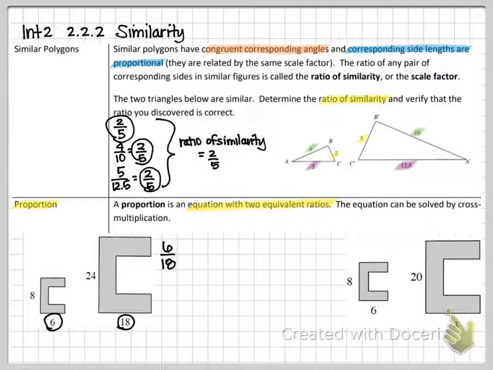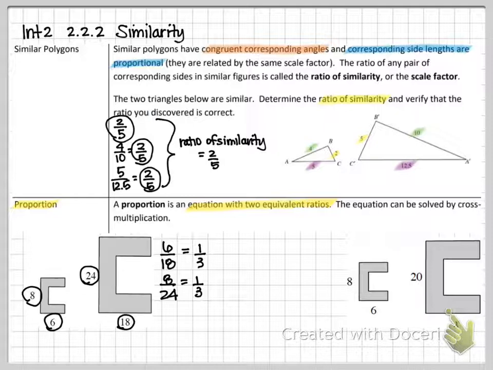We're going to know that the longest side in here is going to be 8 over 24. So the ratio with the two, if these are similar, then they need to be the same. Okay, which they are.